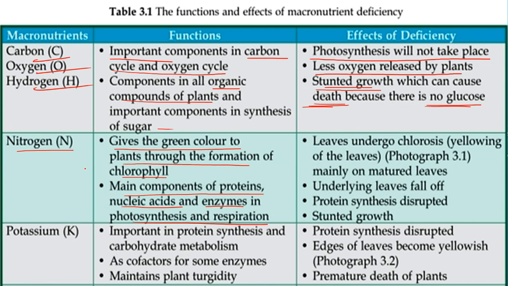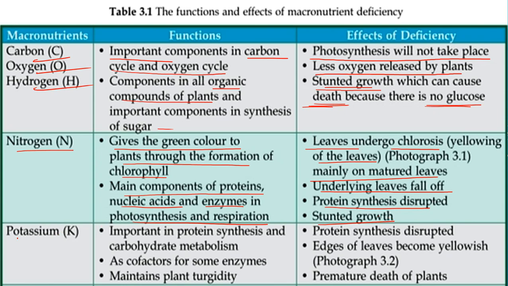So bila kekurangan nitrogen, daun itu akan mengalami chlorosis. What is chlorosis? Yellowing of the leaves, leaves menjadi kuning, terutamanya pada matured leaves. Kemudian underlying leaves fall off, protein synthesis is also disrupted, so the growth of the plant also becomes stunted.